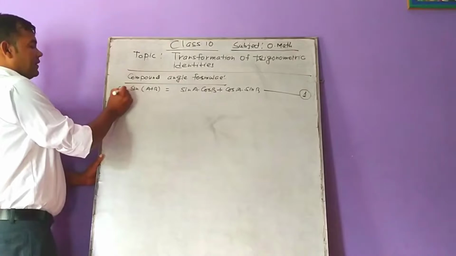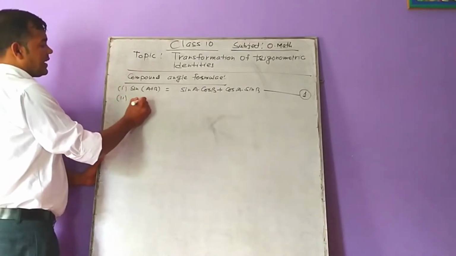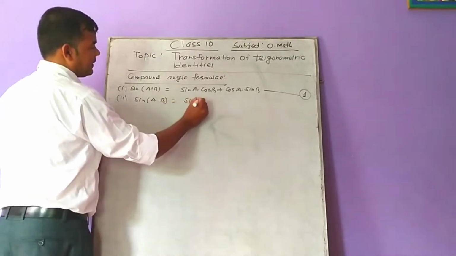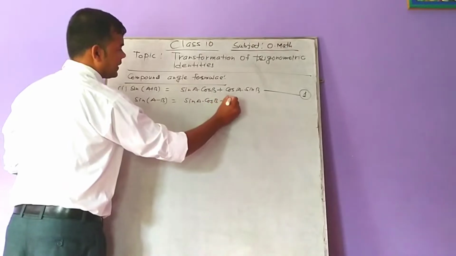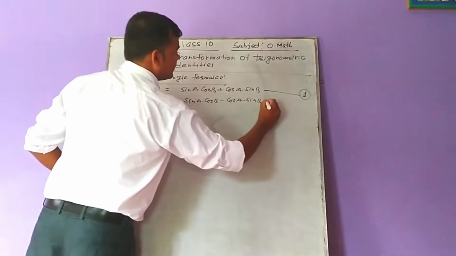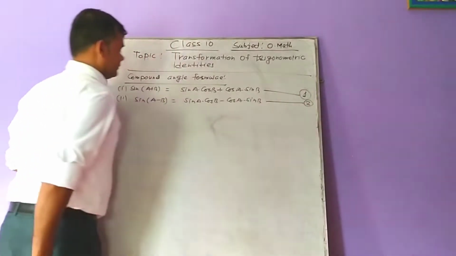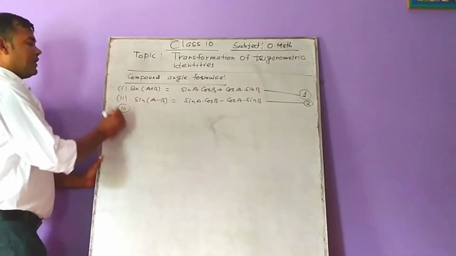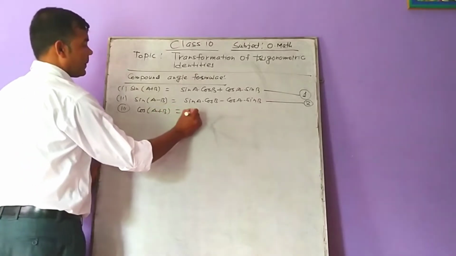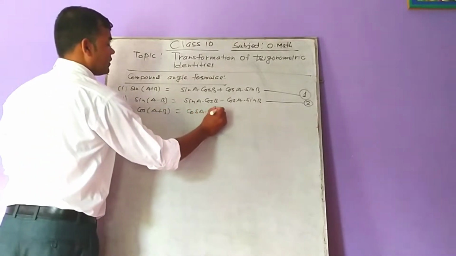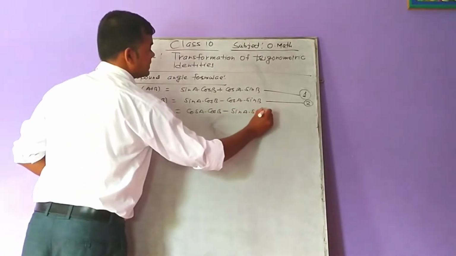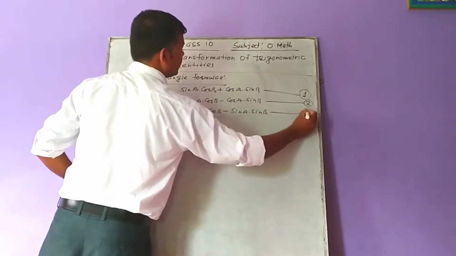In the same way, you have studied sin(A−B) = sin A cos B − cos A sin B. Suppose it is identity number 2. In the same way, cos(A+B) = cos A cos B − sin A sin B. Suppose it is identity number 3.